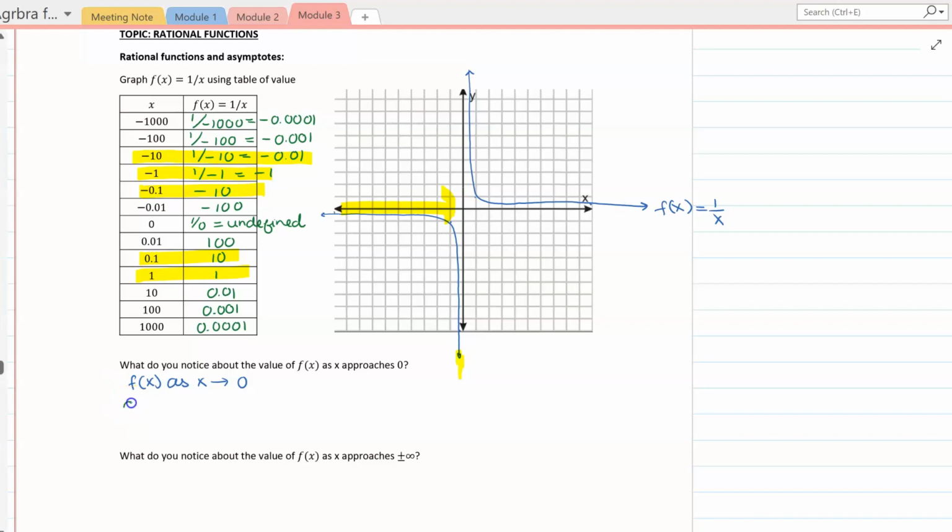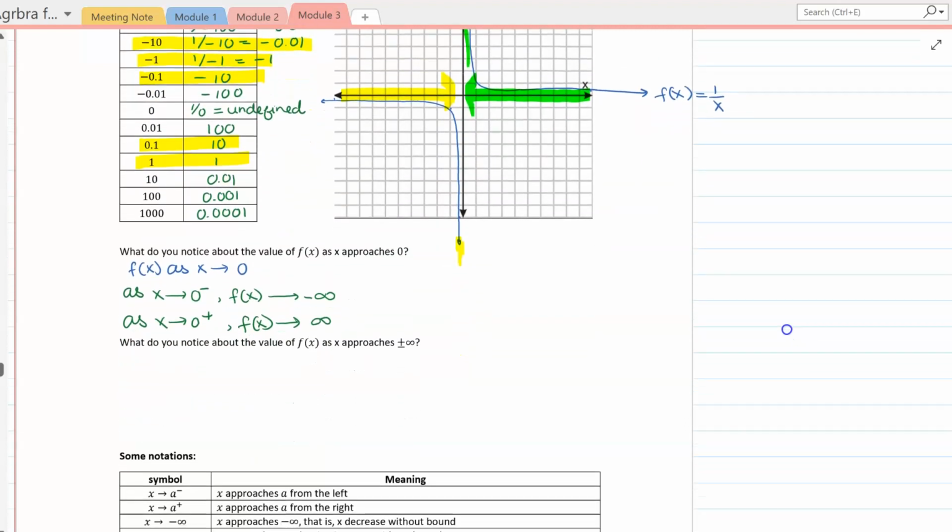So as x approaches 0 from the left hand side, f of x is getting larger and larger in magnitude, so it approaches negative infinity. As the value of x gets closer to 0 from the right hand side, the value of f of x is getting bigger and bigger, so that it increases to positive infinity. So as x approaches 0 from the right, f of x goes to positive infinity.